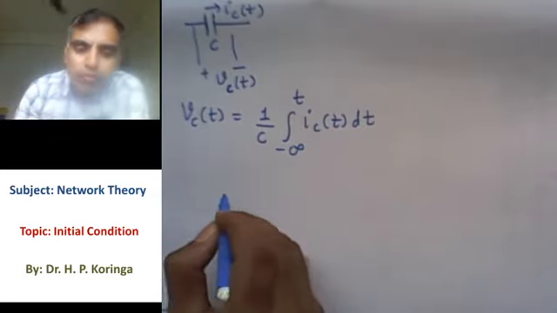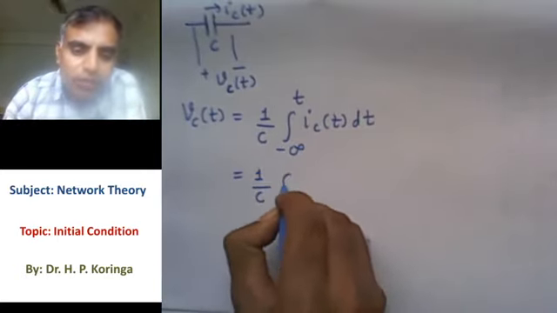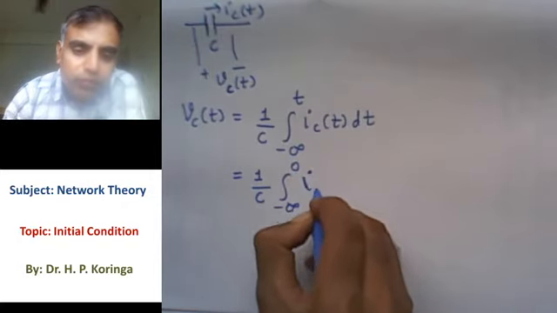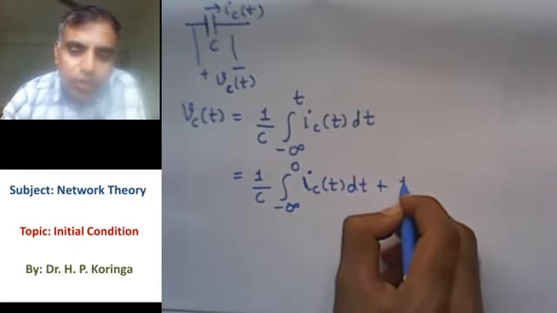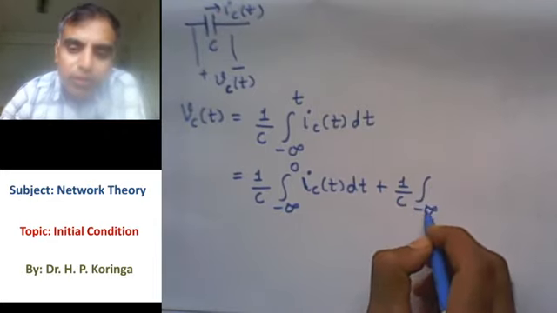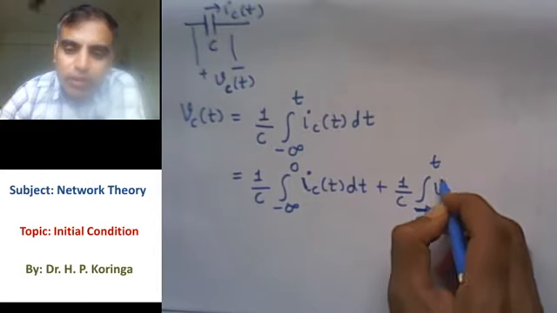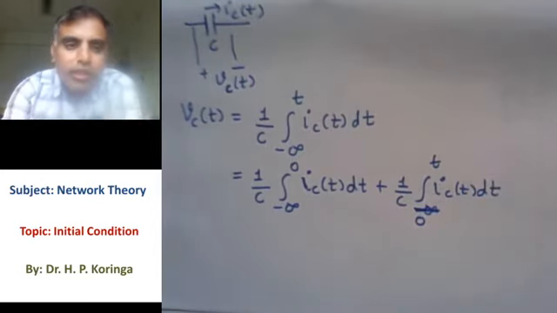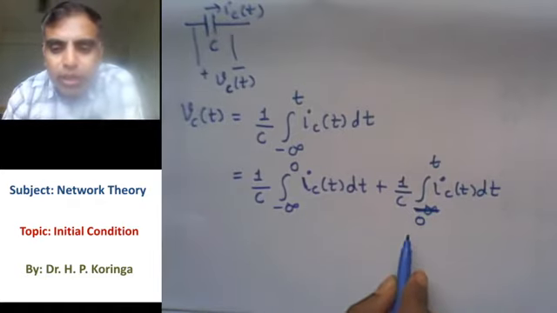This is Ohm's law. Let's divide this integration into two parts: one is minus infinity to 0, and the other is 0 to t.